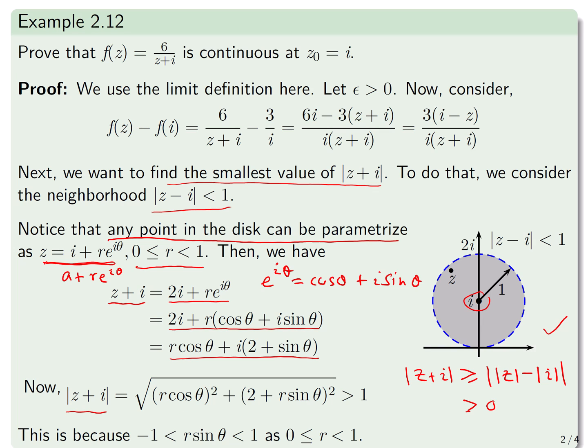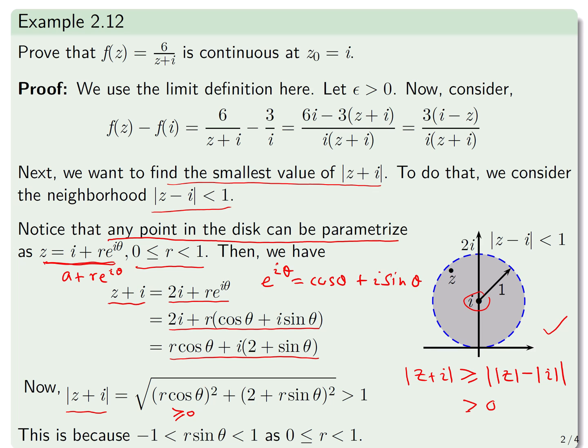So this term is fine, because cosine theta and r, both of them can take values between, actually r can take only values between 0 and 1. Cosine theta can get values between -1 and 1. So that means the first term is greater than or equal to 0. It can even be equal to 0. So that doesn't help you much. But let's look at the second term.